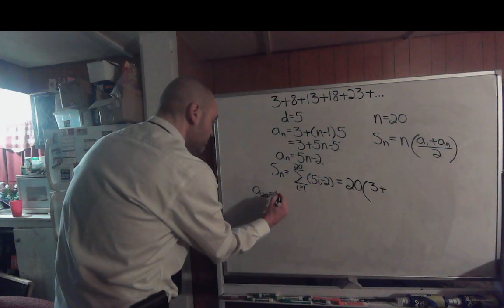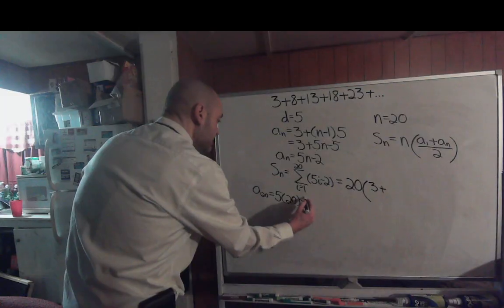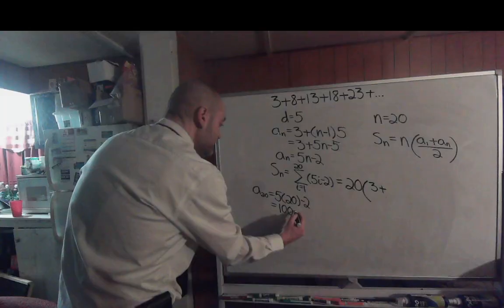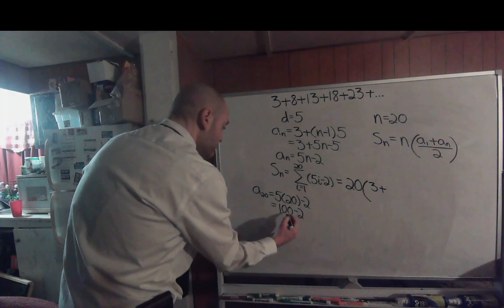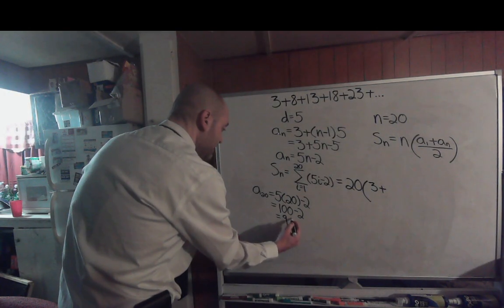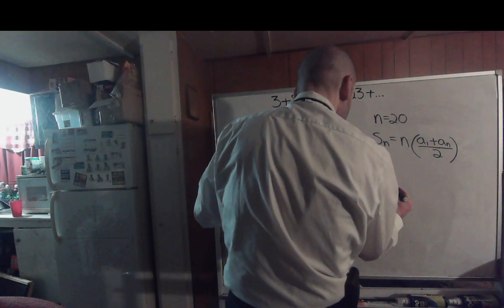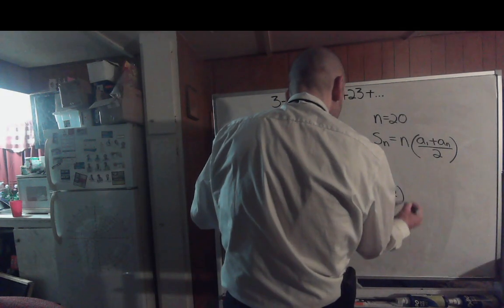So that's going to equal 5 times 20 minus 2, which would give you 100 minus 2, which would then of course give you 98. So your 20th term is 98. So this would be 3 plus 98 divided by 2.